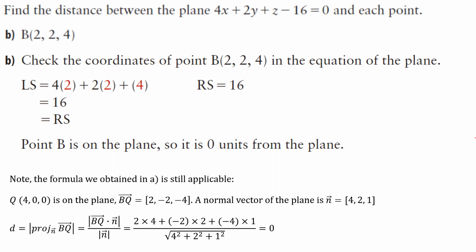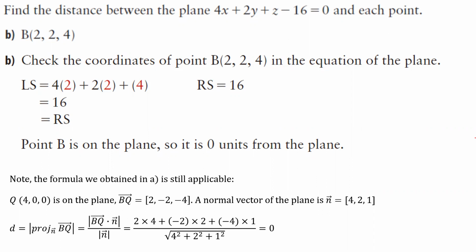Also note that the formula we obtained in question A is still applicable in this case. For example, we know Q (4, 0, 0) is on the plane, right? So vector BQ is 2, -2, -4. Then a normal vector of that plane is n, which is 4, 2, 1.